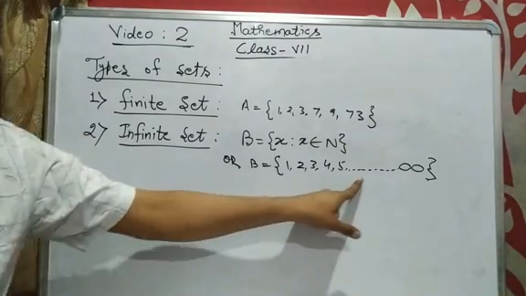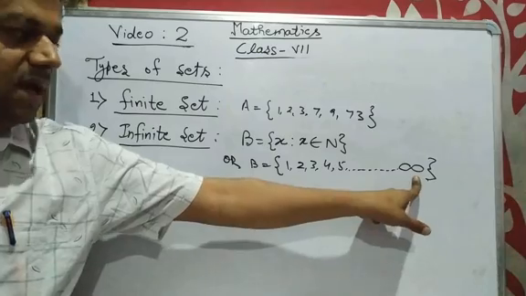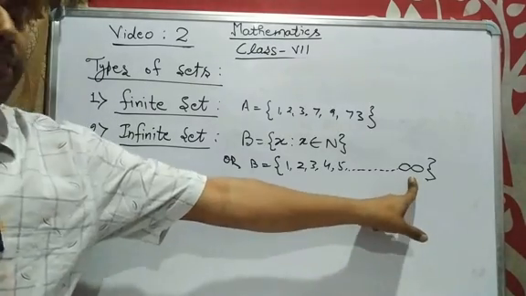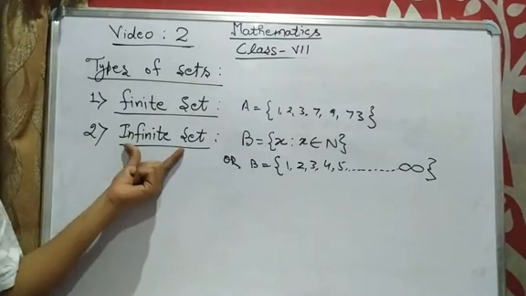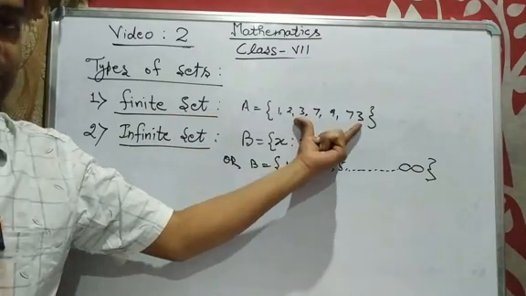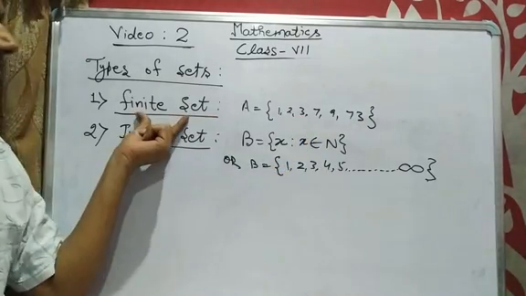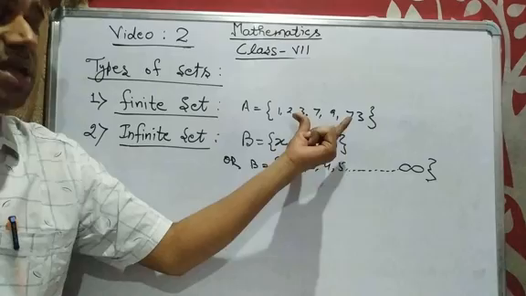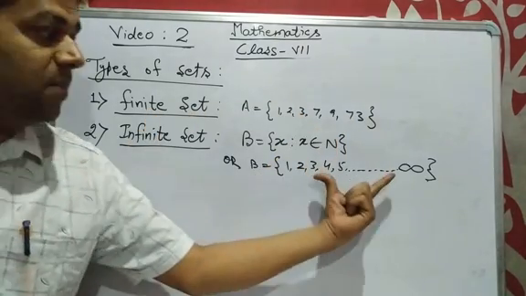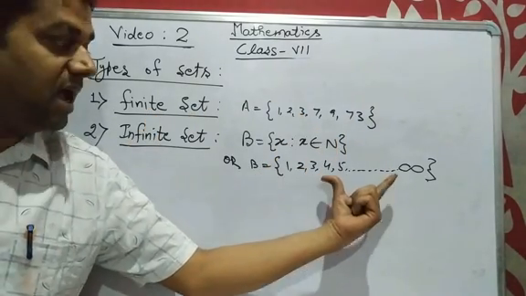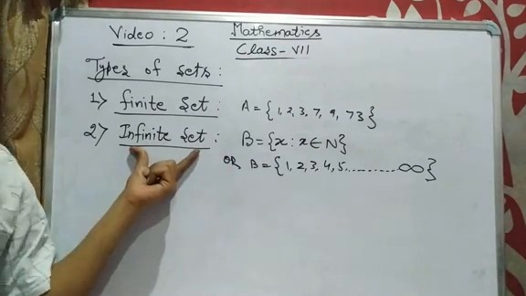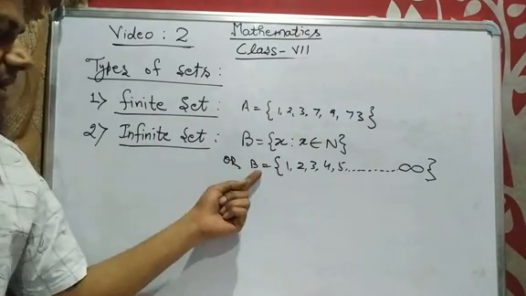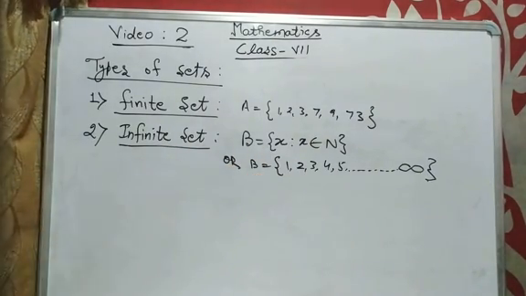So you can see there are unlimited elements, meaning infinite elements. That is called the infinite set. If the number of elements is finite, that means a finite set. The elements of a set are infinite, that means that set is called the infinite set.